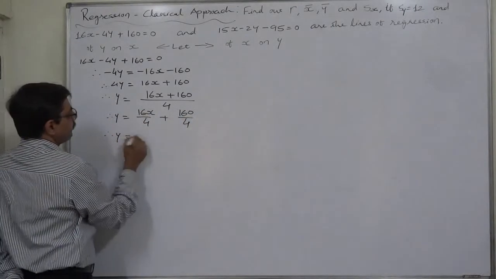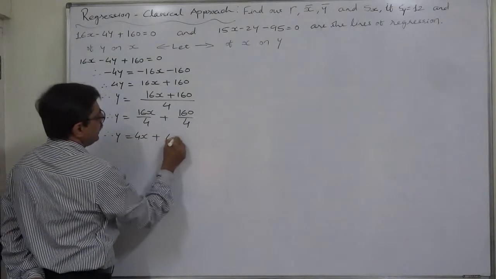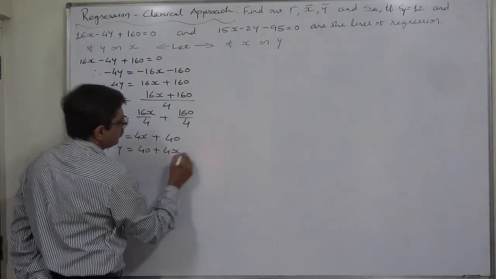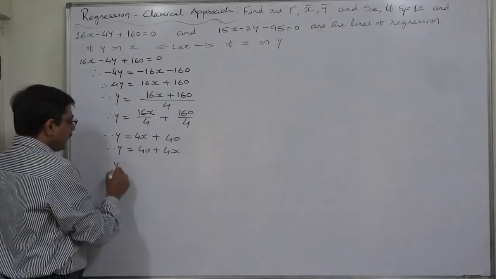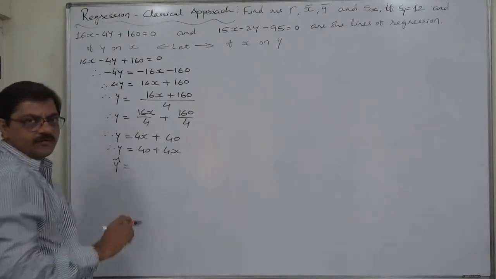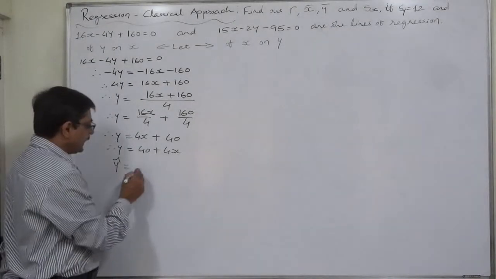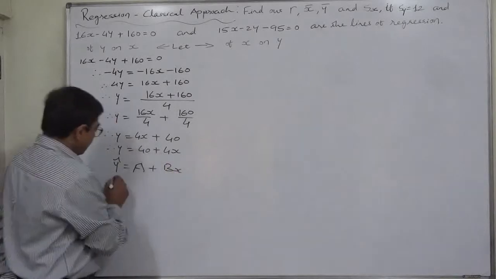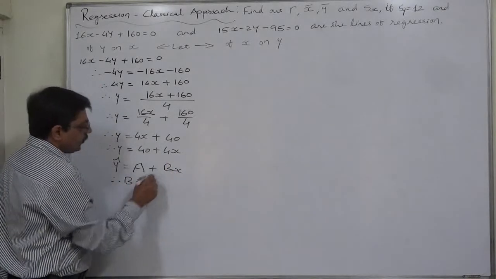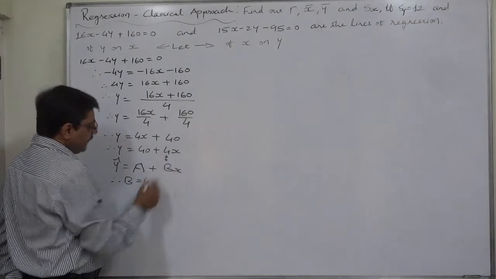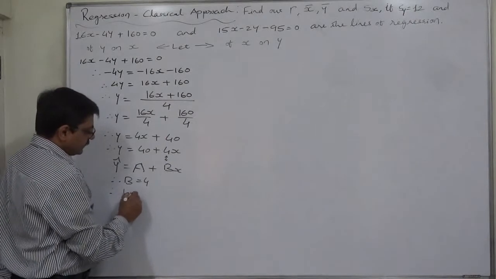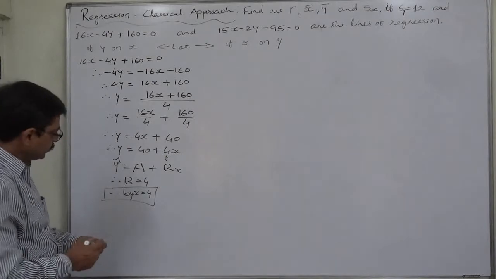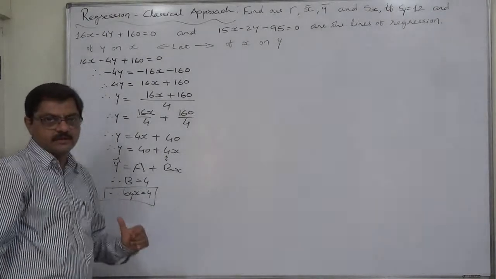That means y equals 4x plus 40, or y equals 40 plus 4x. Let us compare it with the standard form of the line of regression of y on x, y cap equals a plus bx. b is 4, and b stands for byx. So byx is 4.